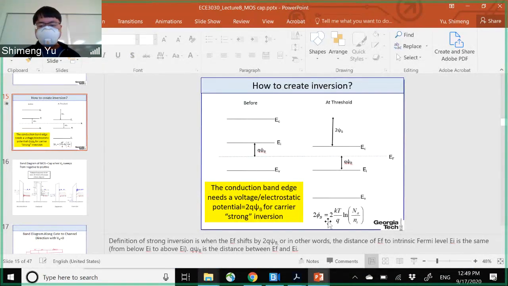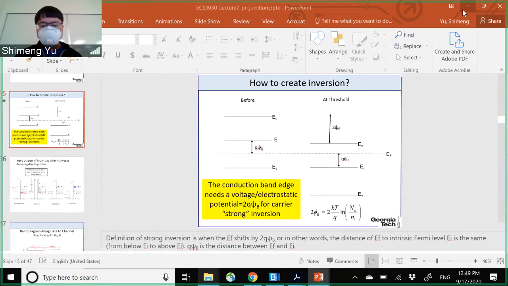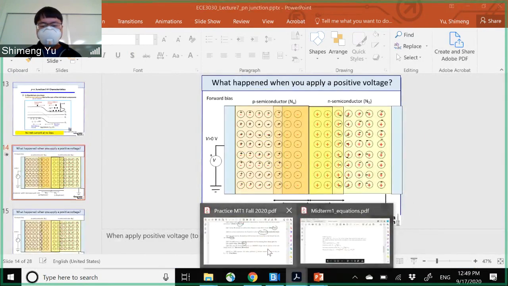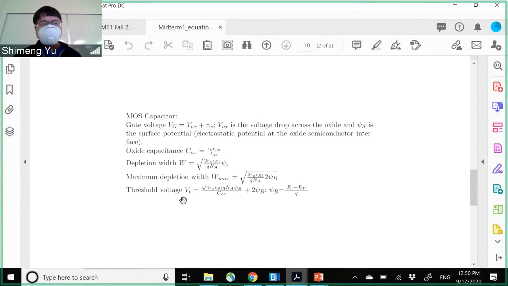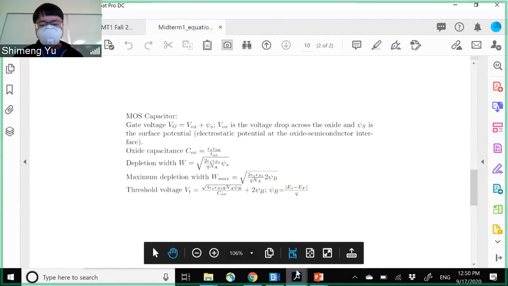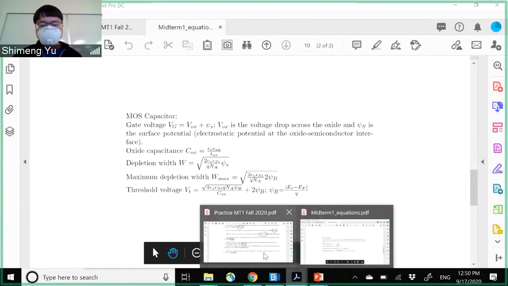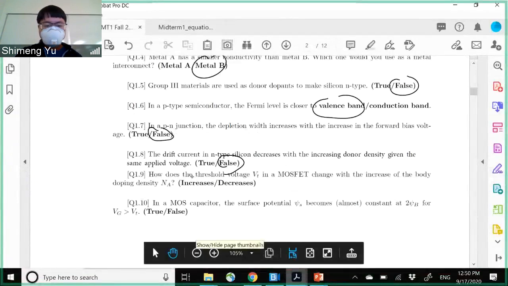If Na increase, phi b increase. And then if you go back to the threshold equation here, then both terms increase with larger Na. So threshold voltage increase. Okay. This is increase.